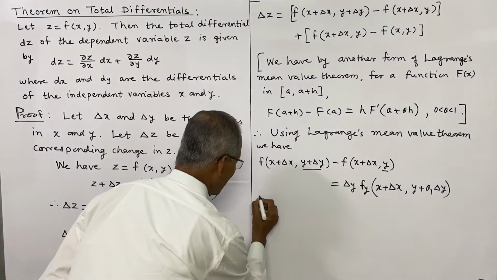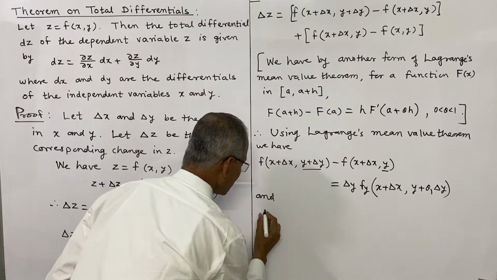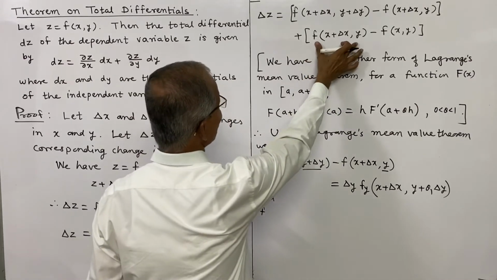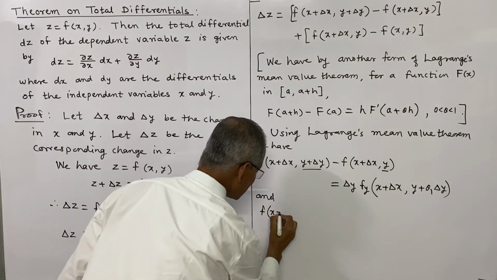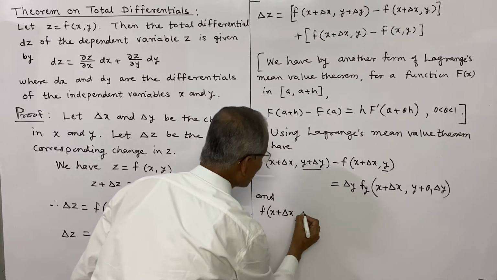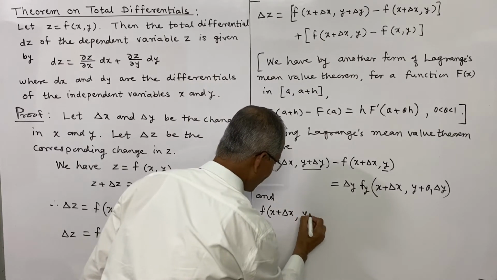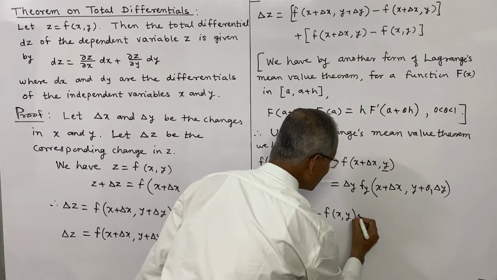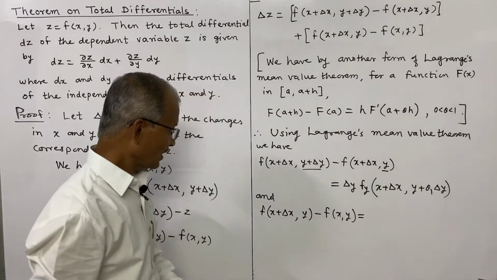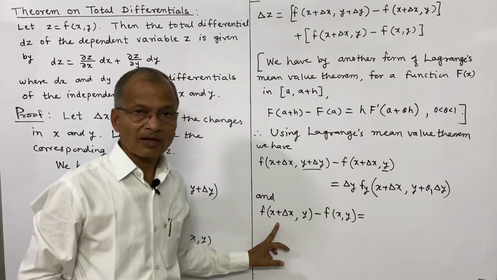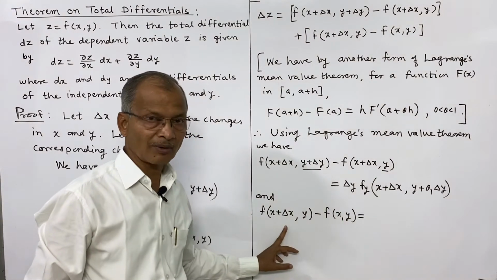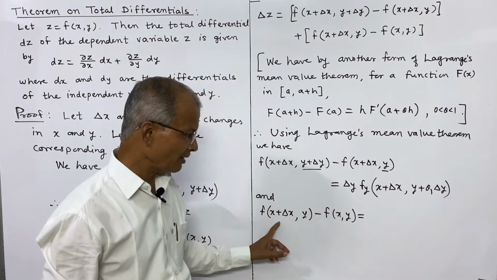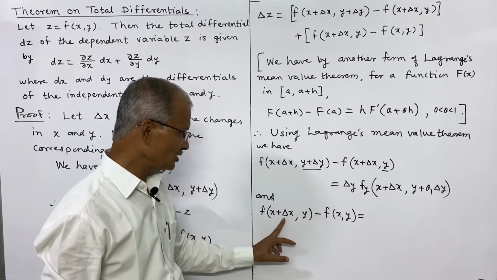And secondly, what is the second expression? This bracket: f of x plus delta x comma y minus f of x comma y. Now you see, I shall write here. Here again it is a function of two variables, but in which variable is there a change? Now there is a change in the x variable.